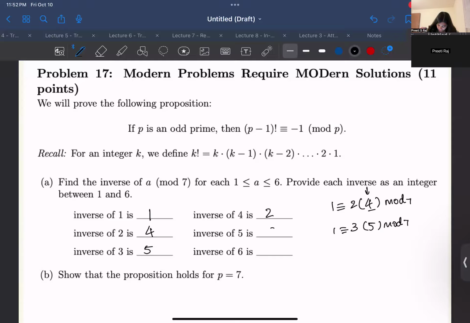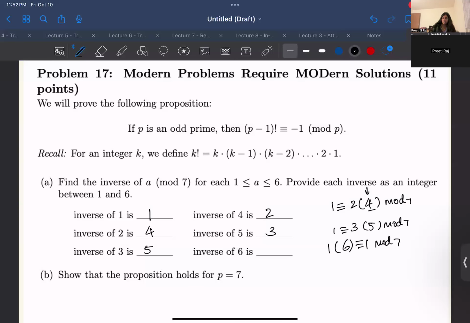The inverse of 5 is going to be 3, and then the inverse of 6: you have 6 multiplied by something must be equal to 1 mod 7.